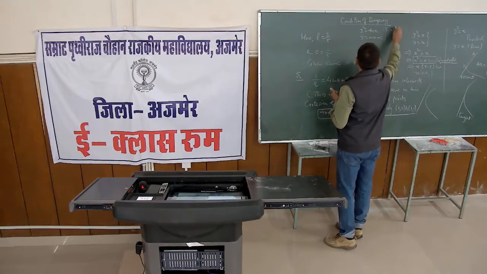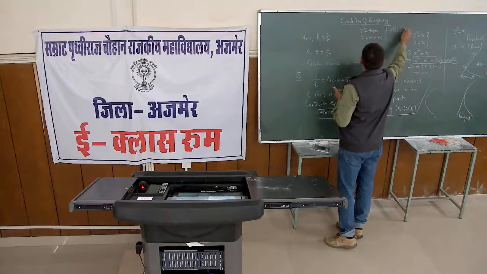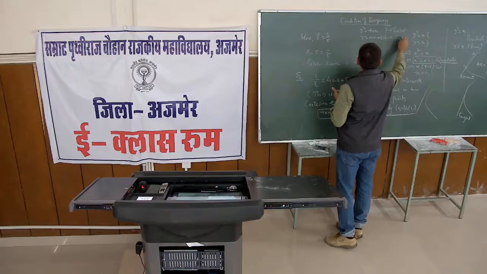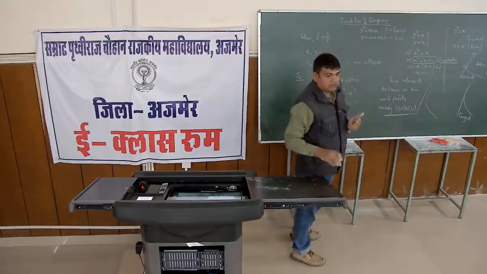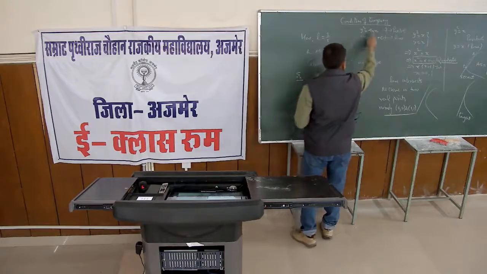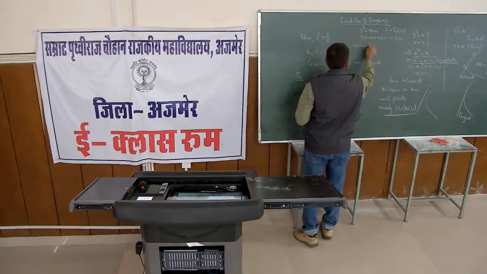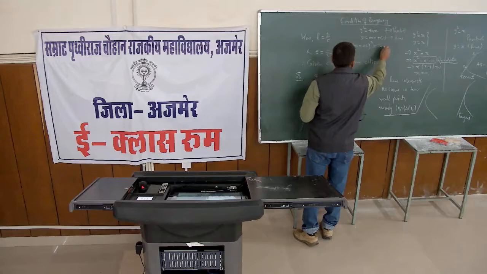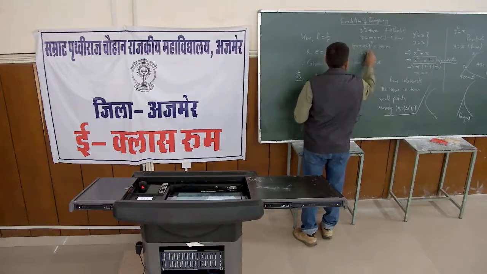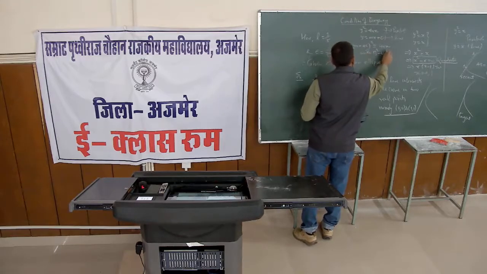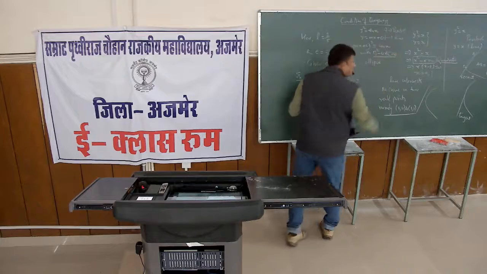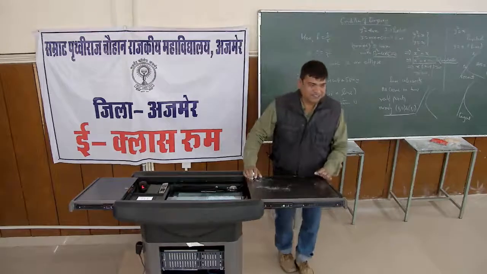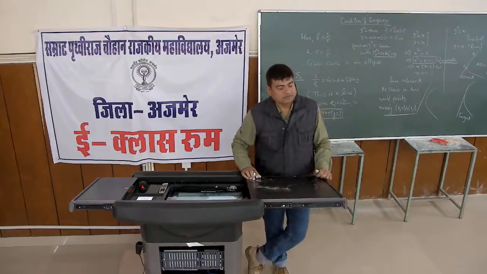This is parabola and this is line. So what to do? We eliminate x, so it is (mx plus c) whole square equals 4ax, with b square minus 4ac equals 0. This is fundamental.